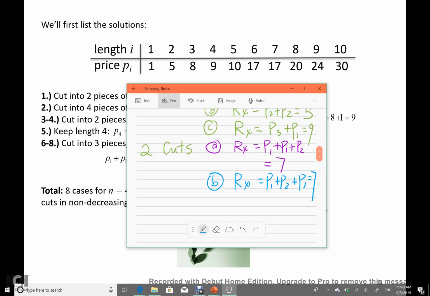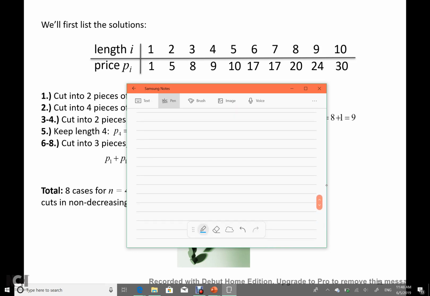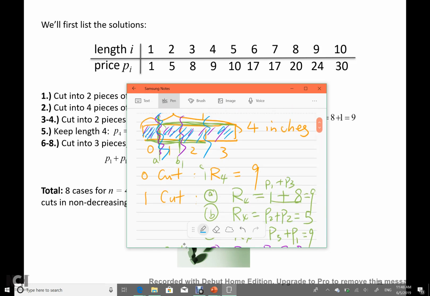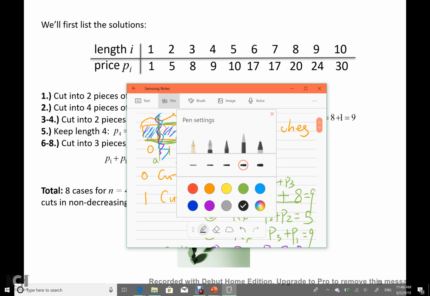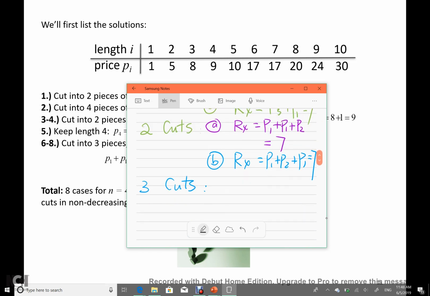And then you could also have 3 cuts. If it's 3 cuts for this rod of inch 4, the 3 cuts will make what? Will make 4 pieces. Each piece of rod inch 1, right? So in that case, we have R4 equal to P1 plus P1 plus P1 plus P1. In that case, we only have 4.